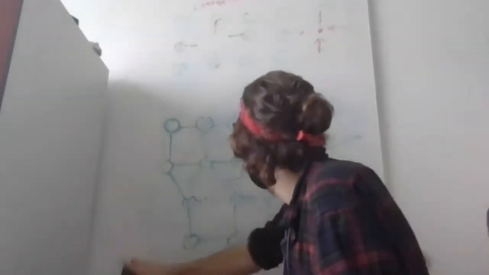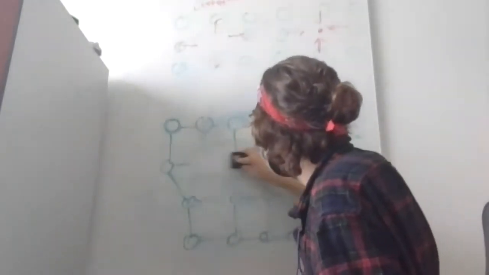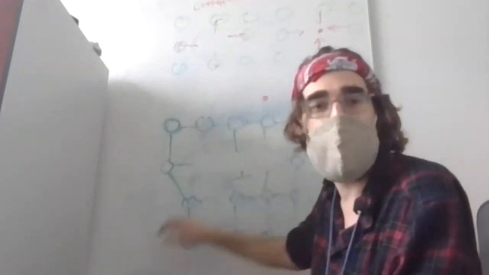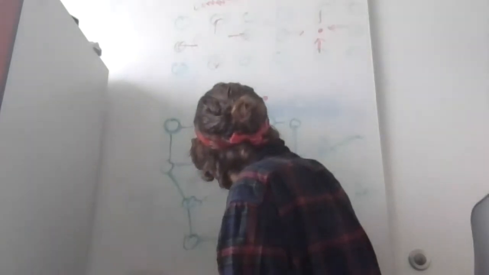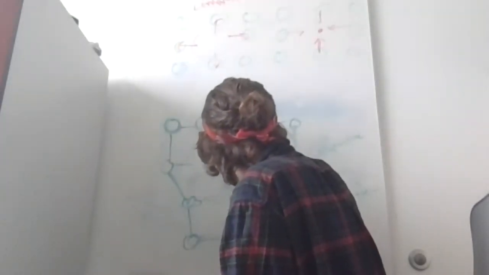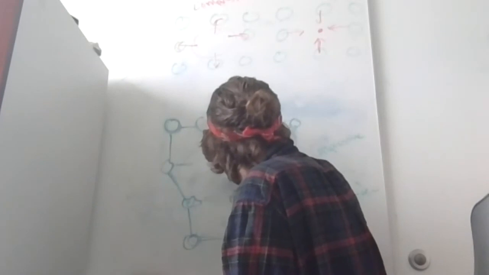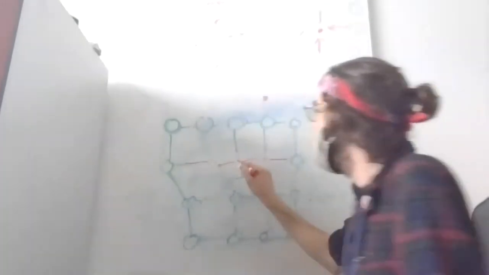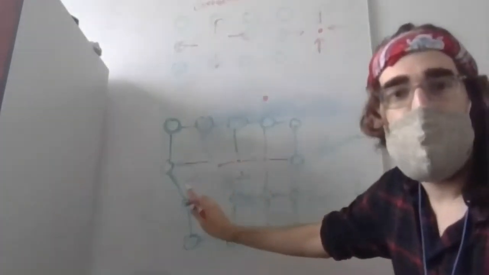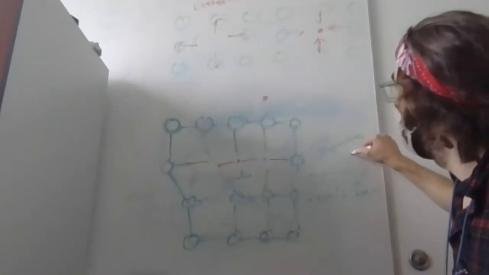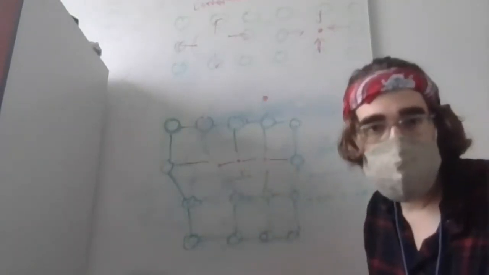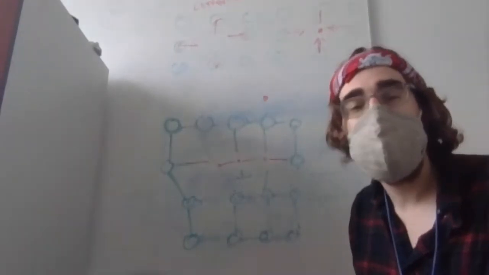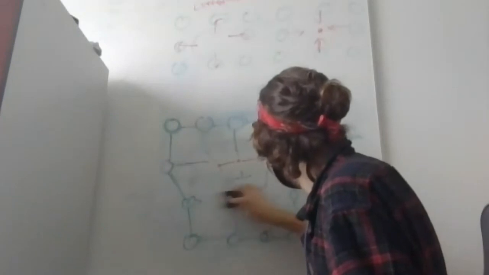So what would happen if we replace these three atoms above the dislocation with three little guys? Right? So now we have a region of compressive stress, and the atoms that are smaller are relieving that compressive stress.